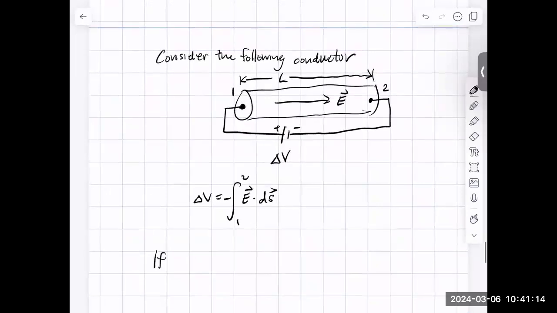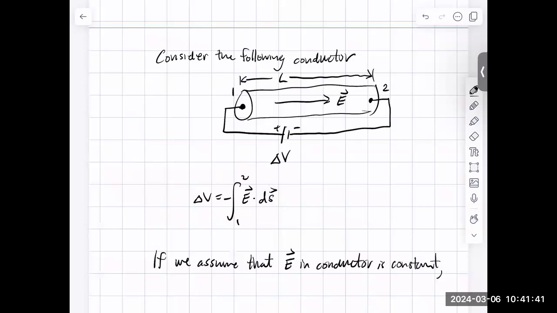So if we assume that the electric field in the conductor is constant, and we're going to move in the direction of the electric field. So if I move from point 1 to point 2, I'm going exactly parallel to the electric field. And so E dot ds is just E times ds. If E is a constant, we take it outside the integral. So we have E times the integral of ds. ds is just the distance we move, which is the length L.